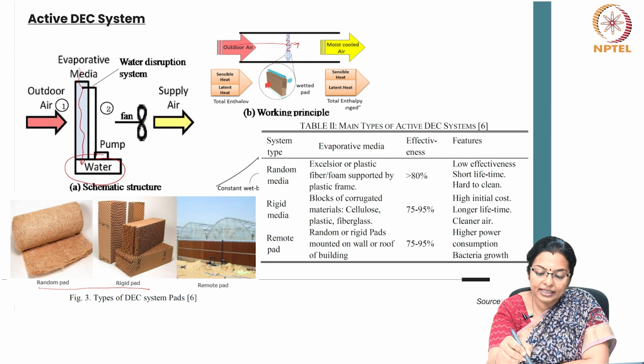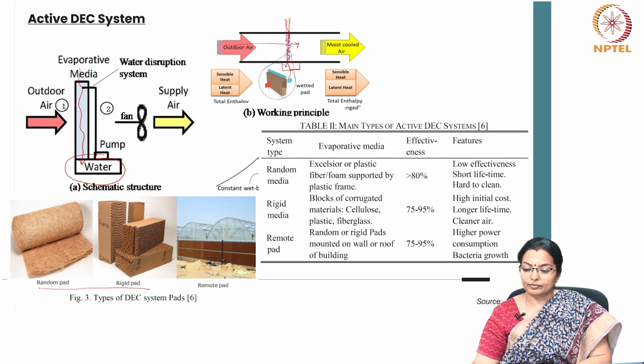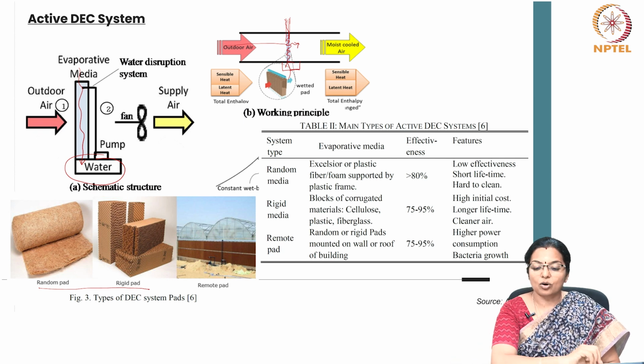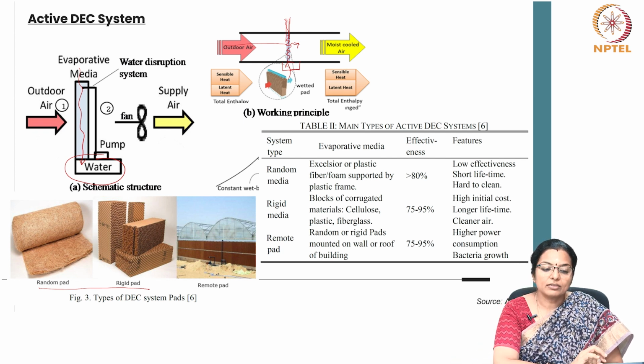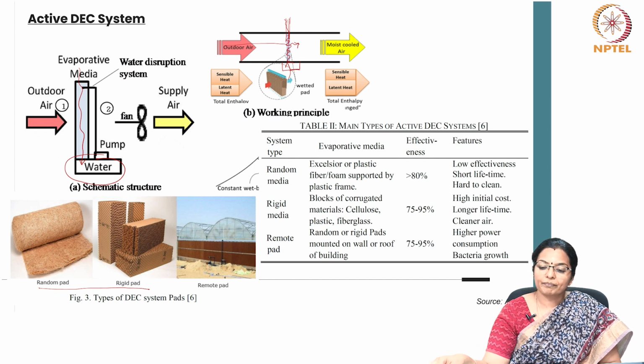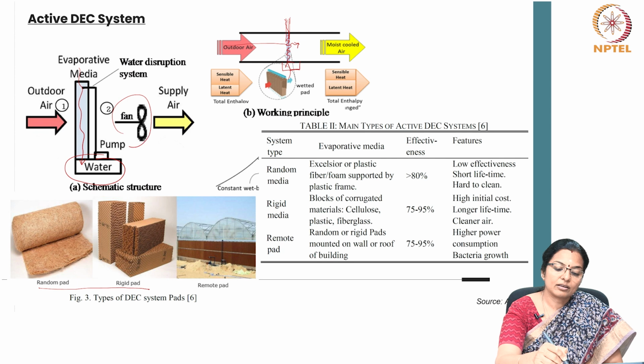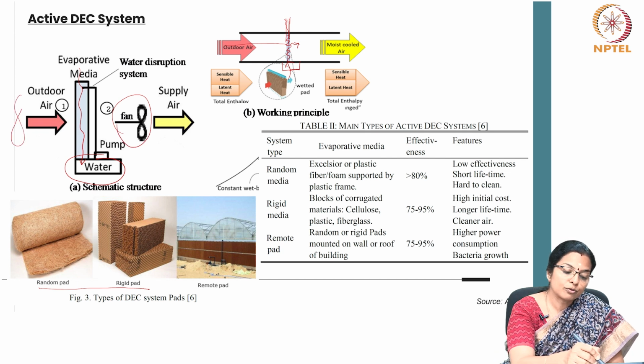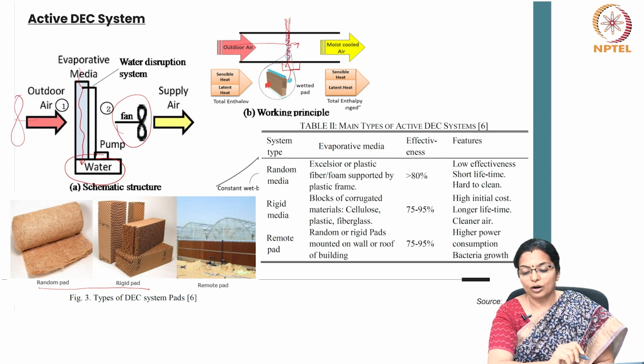So this is the wetted pad as shown here, and the air that comes out is moist cooled air, and actually water droplets pass through this pad which is collected below, and it is called the active direct evaporative cooling system because there is use of a fan. Sometimes there could be use of a fan even to pull the outdoor air.